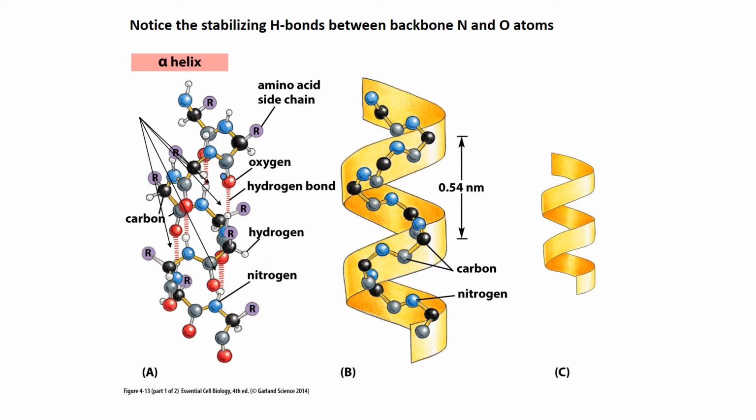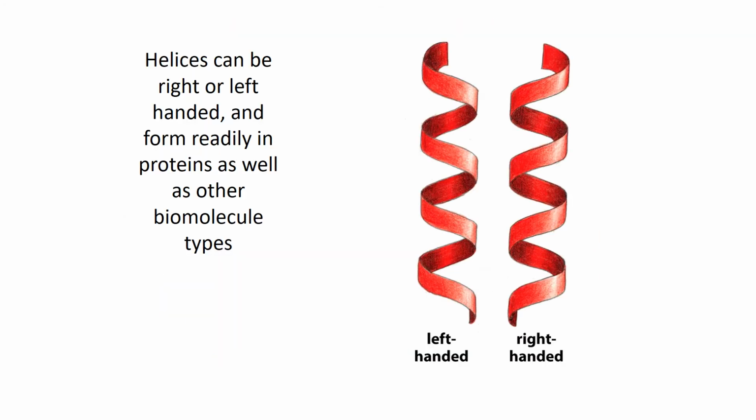The helical structure brings nitrogens and oxygens in close proximity to one another in such a way that they stabilize the helix. Helices can be right-handed or left-handed. They form readily in proteins, and they also form in other biomolecule types. You're probably very familiar with the double helix that would be the structure of a DNA molecule.